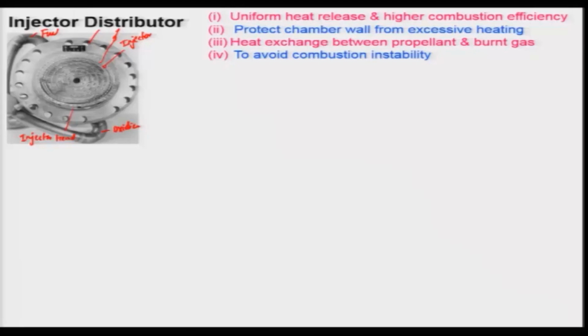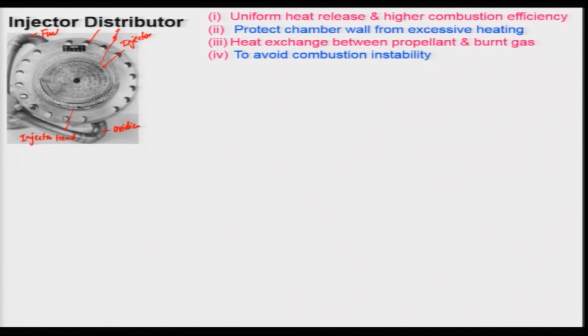Various kinds of distributors have been used by various designers, and however, we will be looking at only 4 of them just to show you its importance. And keep in mind that 2 things are generally used.